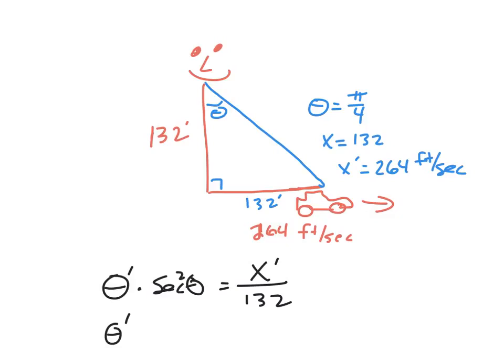The secant of pi over 4 would be the reciprocal of cosine. Cosine pi over 4 is square root of 2 over 2. You flip that over and we're going to square it. It's 2 over the square root of 2 squared.